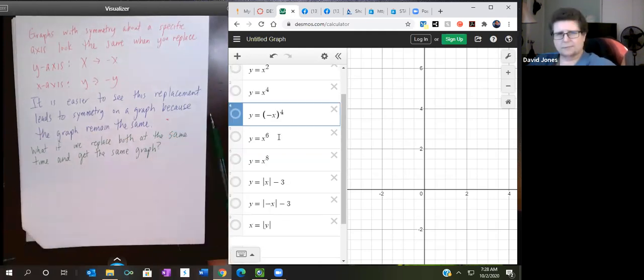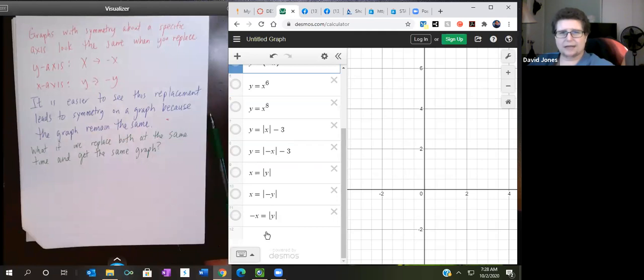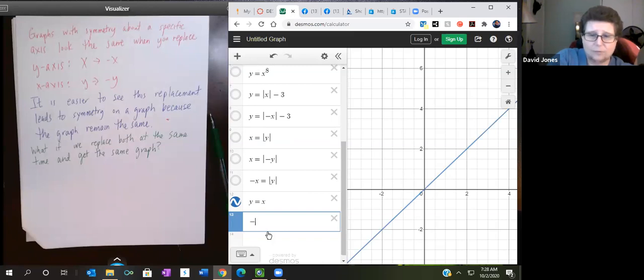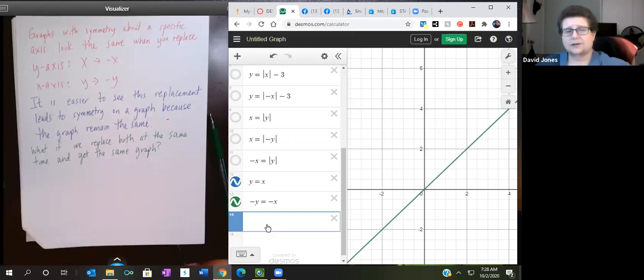I'll give you some examples. Let's take a look at what's happening, and then we'll do the algebra. So I've got y equals x. And I've got negative y equals negative x. Notice I replace y with negative y and x with negative x. I get the same line.